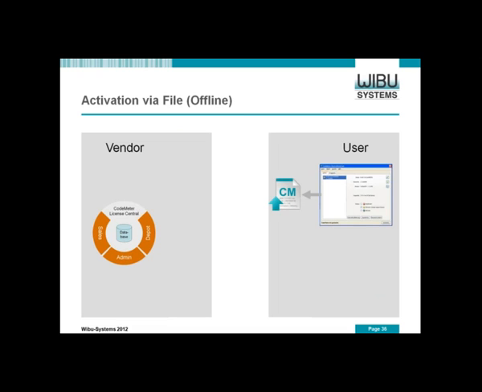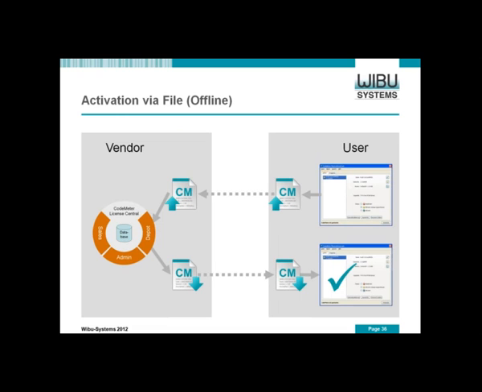He can send or upload this license request file to you, the vendor, and on a web page the user himself, or you in your internal tools, can generate the update file and send this update file back to the user, and the user can now activate the license. So there's also an offline way via file transfer available, so the computer where the license needs to be activated does not need to be online the whole time.